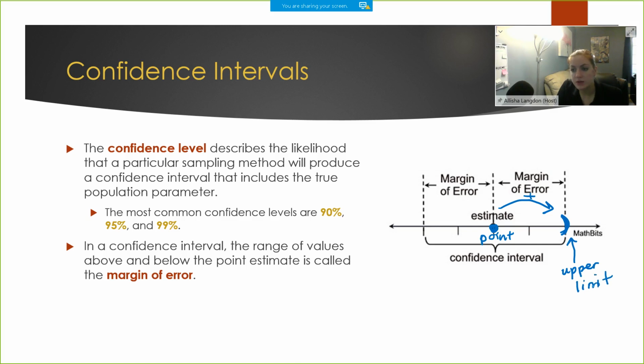Or we're going to take our point estimate, which is our sample mean or whatever it is, and we're going to subtract that margin of error to get the lower limit. And that will give us our confidence interval, or how sure are we that our value actually lies between those 2 points. Okay.